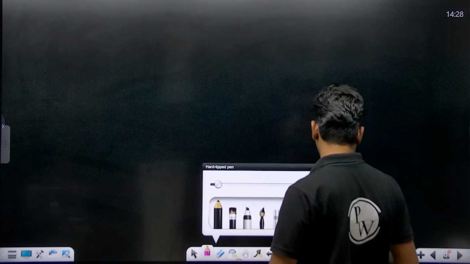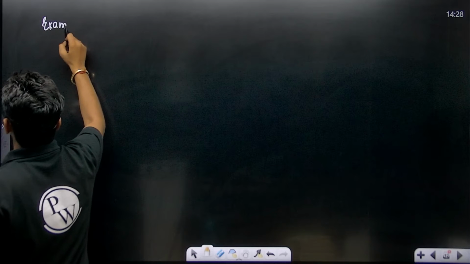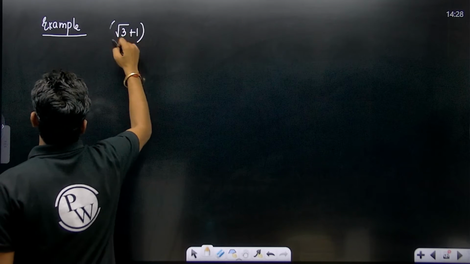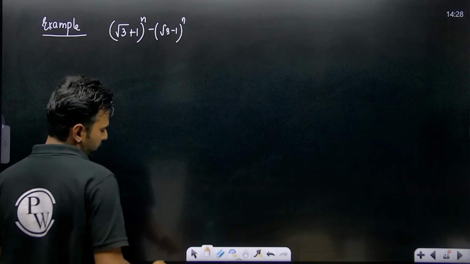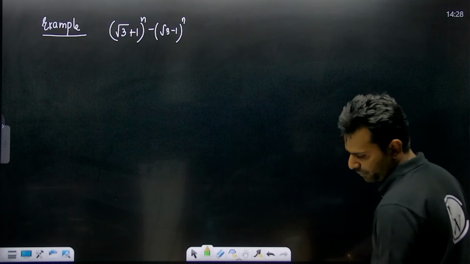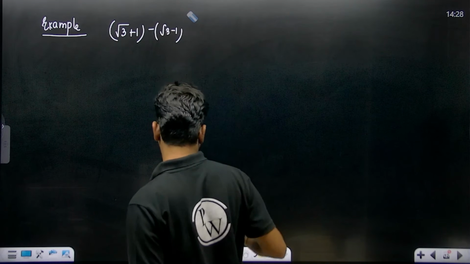So let me give you an example over here, kids. If I ask you (root 3 plus 1) to the whole power n minus (root 3 minus 1) to the whole power n, what kind of a number is it going to be? Or let's say it is 2n. Okay, let's say the power is 2n, not n.